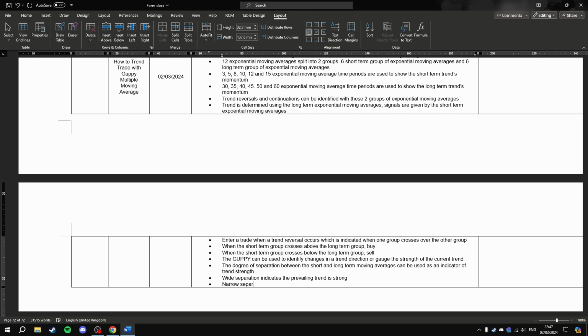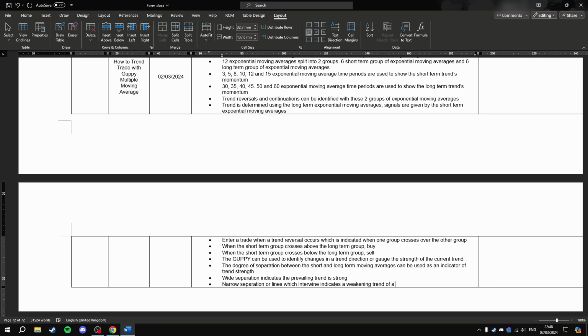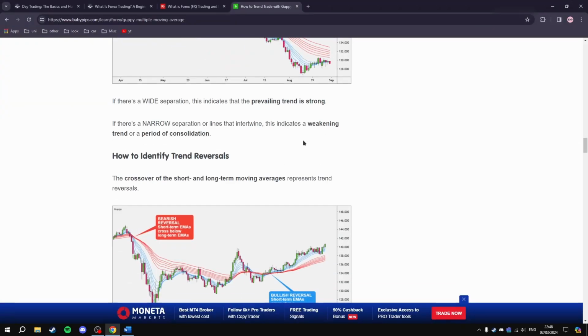Narrow separation, or lines which intertwine, indicates a weakening trend or a period of consolidation. How to identify trend reversals?